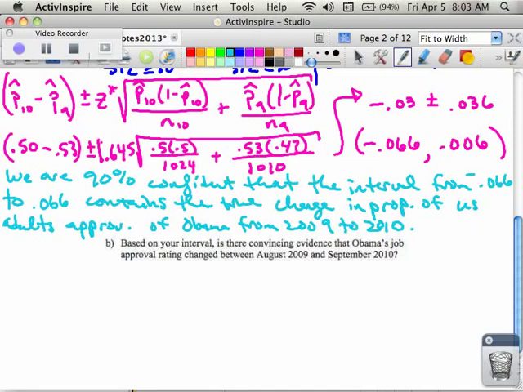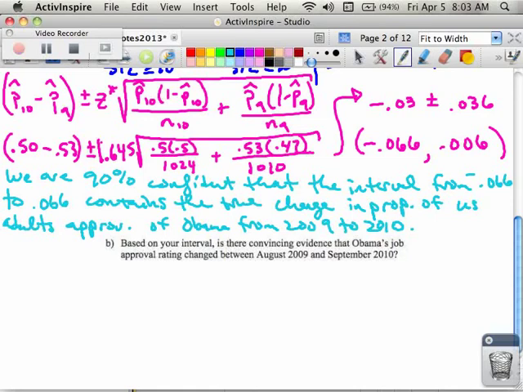But overall, if I was looking for change, I might be looking for an interval that went maybe 0.03 to 0.06, or negative 0.05 to negative 0.01. That 0 is not in that interval. Because remember, 0 means that there was no change in the proportions.